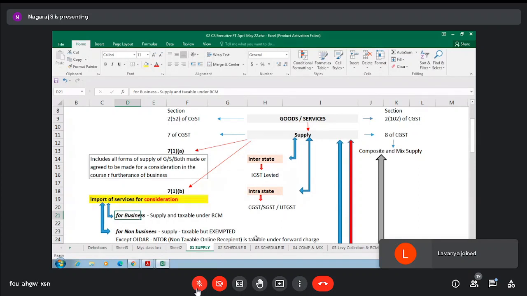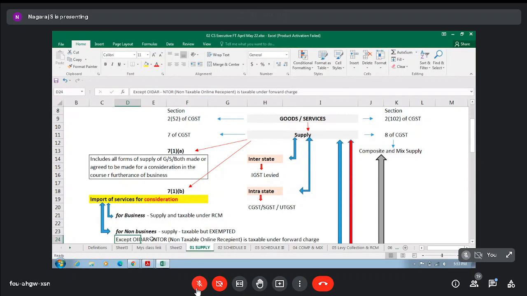Are you paying consideration or not here? Yes. Even though it is not for your business, if that service falls under OIDAR, Online Information Database Access Retrieval Service, even if it is for non-business purposes, it is chargeable to tax. When?